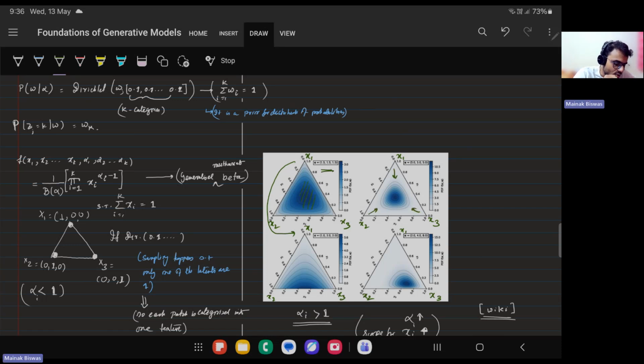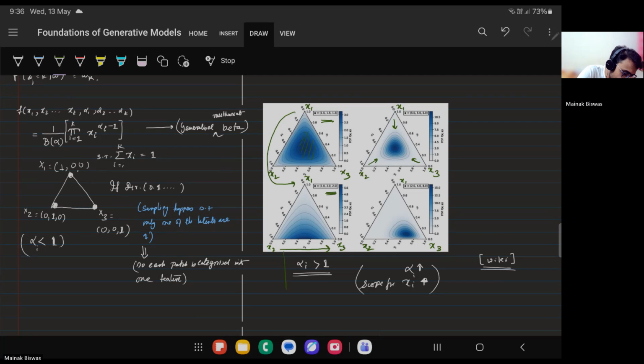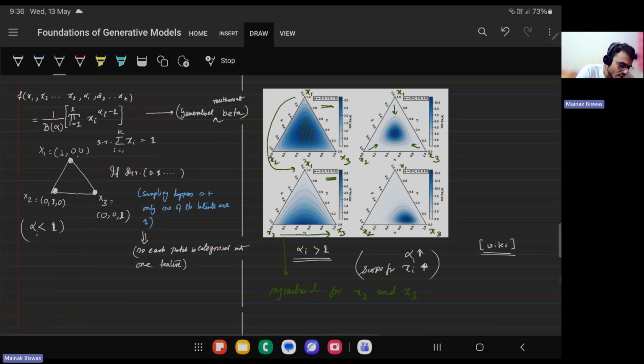And as you see, if you have 2, 2 over here, along this edge, a very interesting thing happens. You would assume symmetry for x2 and x3. As you move from 2 to 3, x2 plus x3 is equal to 1 and x1 is equal to 0.